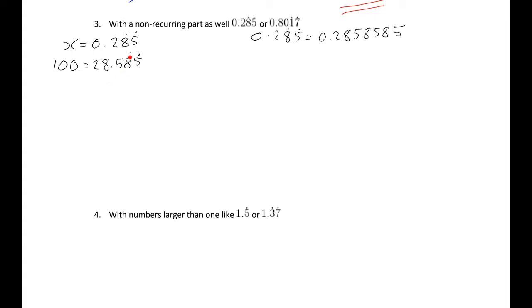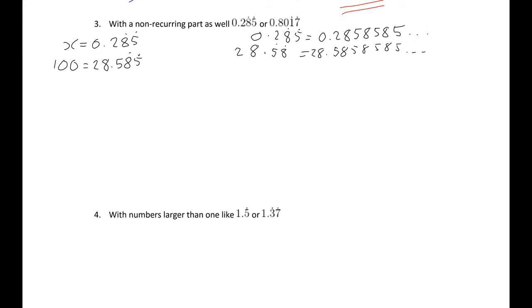The reason I specifically write 585 recurring is so that we can see that these are going to line up. Okay, so over here, if I write it out again, we have 28.58 recurring. You could have written it like that. That would have been 28.5858585. They go on forever.